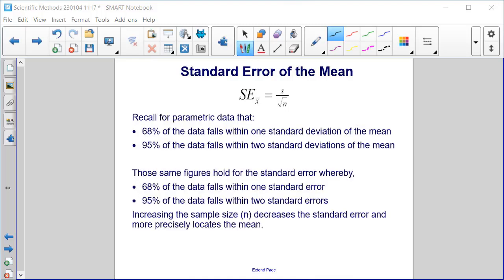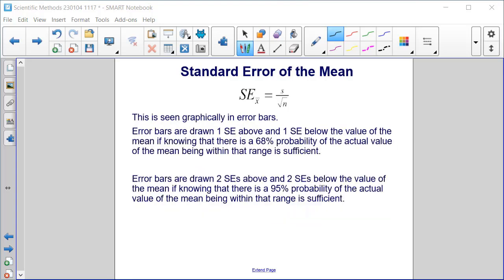Recall for parametric data that 68% of the data falls within one standard deviation of the mean and 95% within 2 standard deviations of the mean. Those same figures hold for standard error, whereby 68% of the data falls within one standard error and 95% within 2 standard errors. Increasing the sample size N decreases the standard error and more precisely locates the mean.